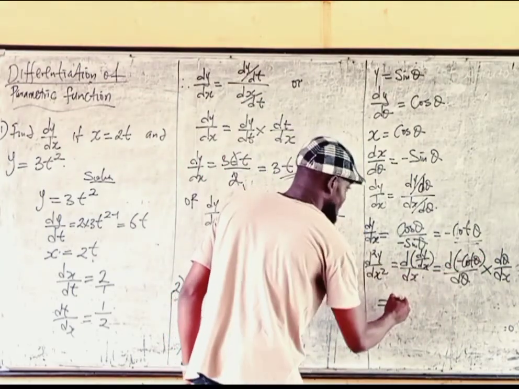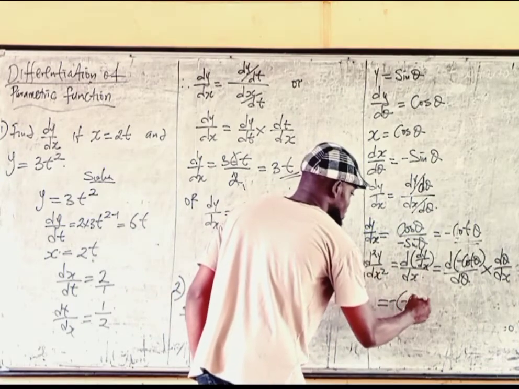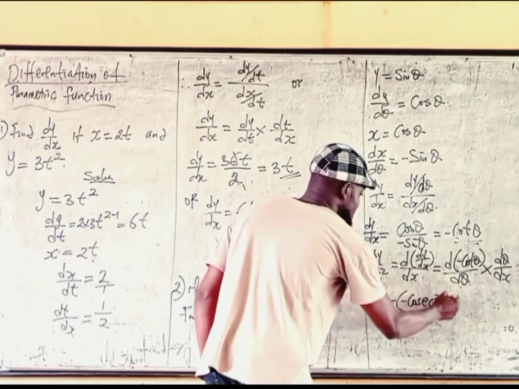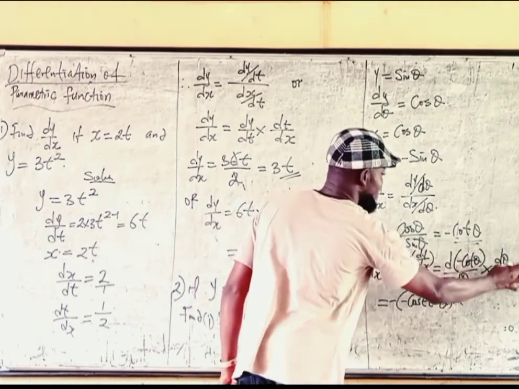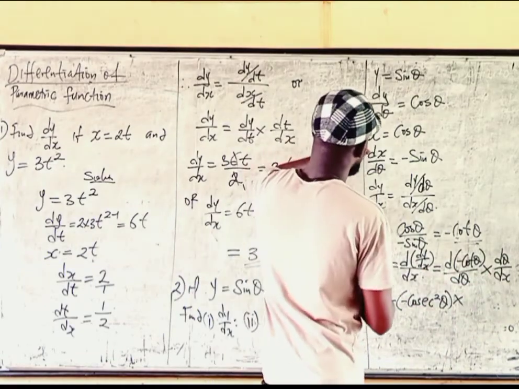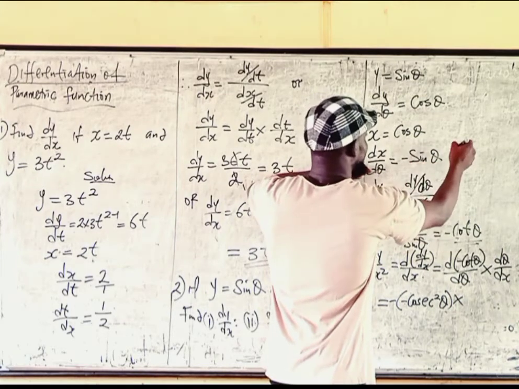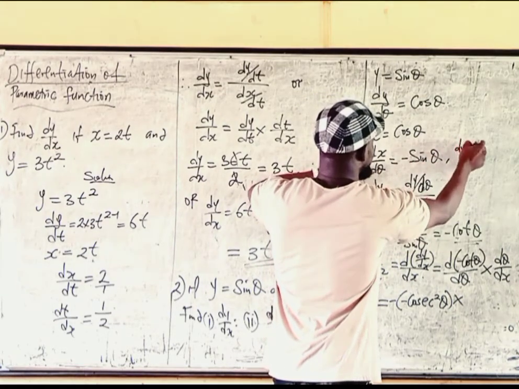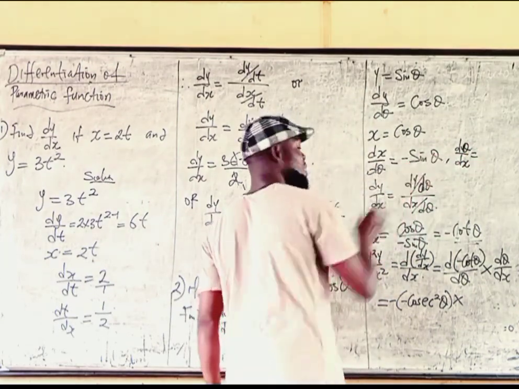Now let's differentiate this. But there's a minus here. Differentiate cot theta, we're going to have minus cosec squared theta. The times, what is d theta over dx? Now, dx over d theta is equal to minus sine theta. D theta over dx will be the reciprocal of this.